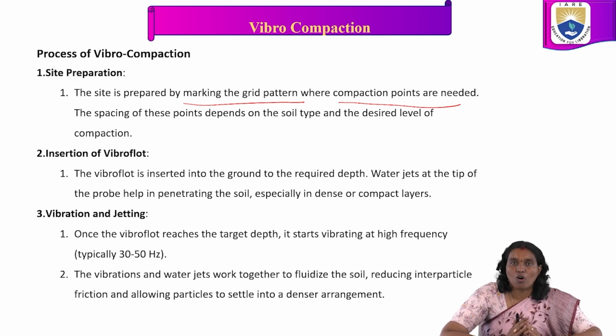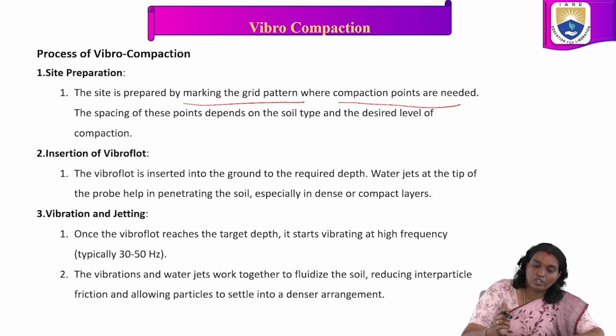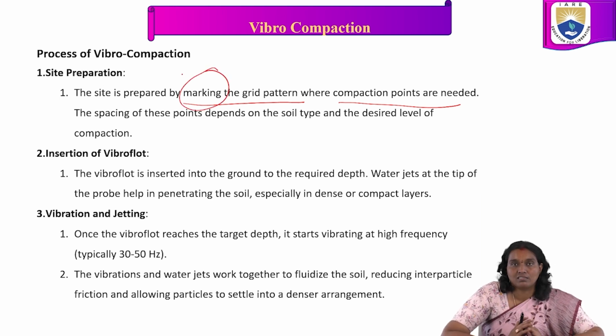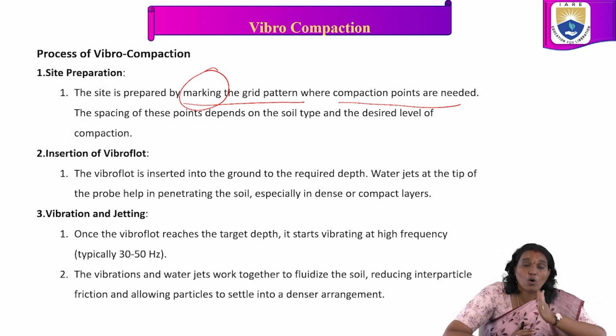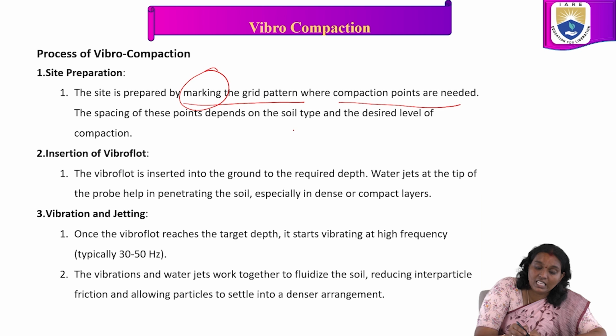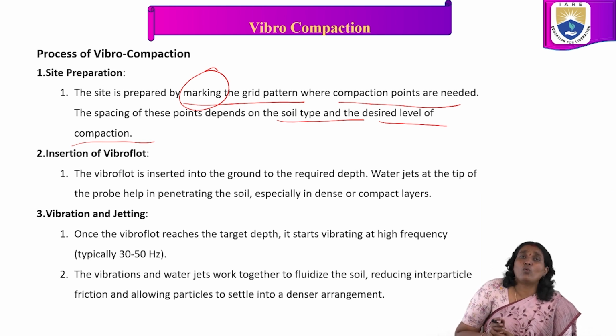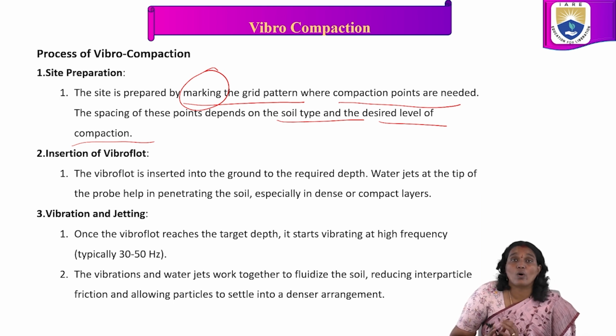Where we require compaction, we identify it by marking, and we prepare those points. The spacing of these points depends upon the soil type and the desired level of compaction, that is, how much compaction is desired for the required construction properties of the soil.